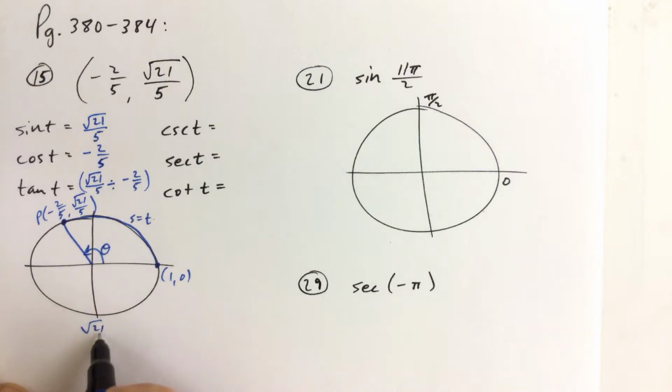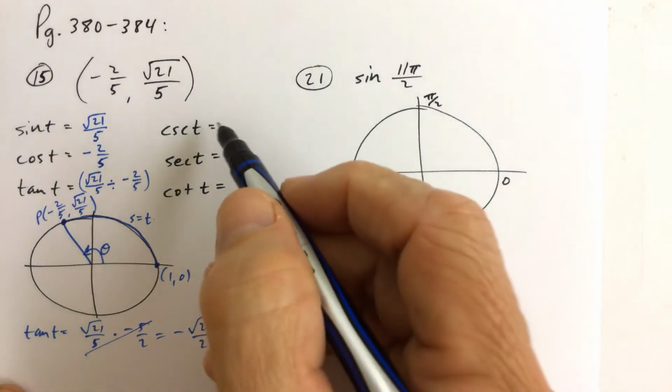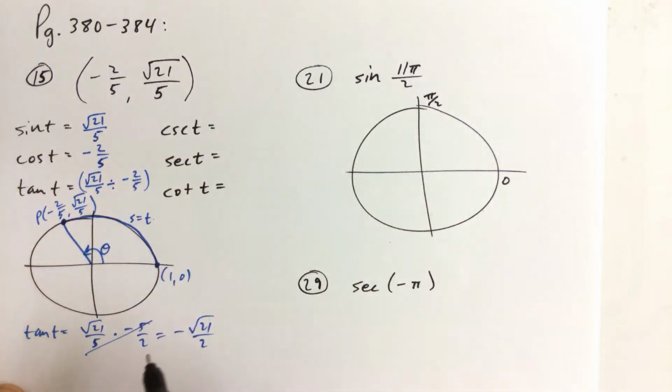I could write radical 21 over 5 times negative 5/2, which I could simplify and get negative radical 21 over 2, because the 5's will cancel. So I could do all the work, but I really just want to make sure you're comfortable with getting the right value there, and I don't need you to simplify those values.